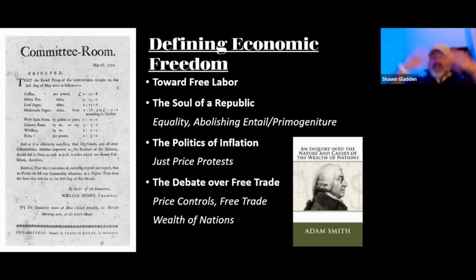So as early as the 1780s, these economic debates over market freedom versus how the government, or whatever government body, should intervene. This debate is as old as the nation.